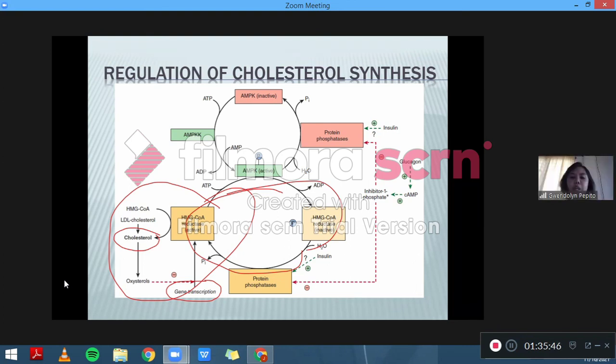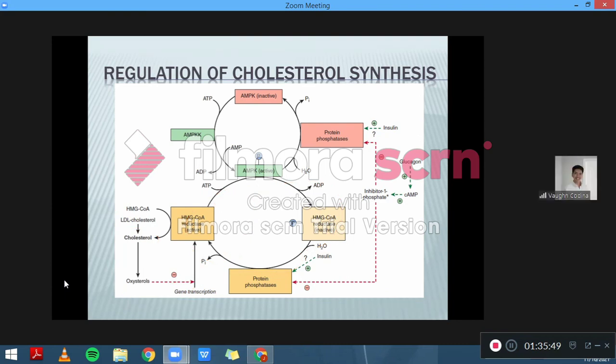And then we move on to insulin and glucagon. Very simply, insulin increases the dephosphorylation of the enzyme. If it's dephosphorylated, it's more active. So insulin directly increases the activity of the enzyme, therefore increasing the synthesis of cholesterol.